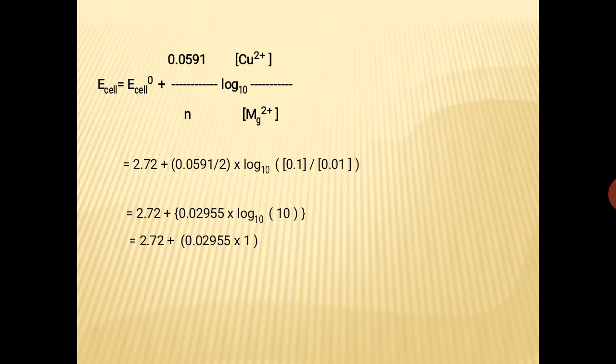So 2.72 plus 0.02955 into 1 is 0.02955, which ultimately gives us the electrode potential of the cell, which is 2.75 volts. We have finished one part of the problem, that is the calculation of the electrode potential of the cell.